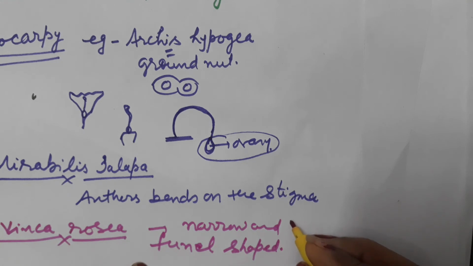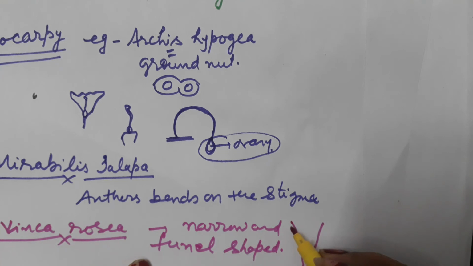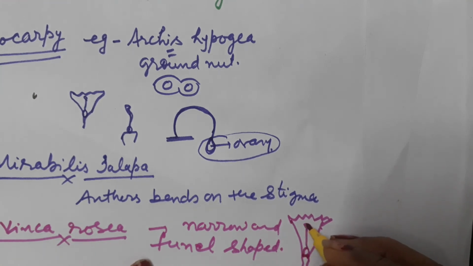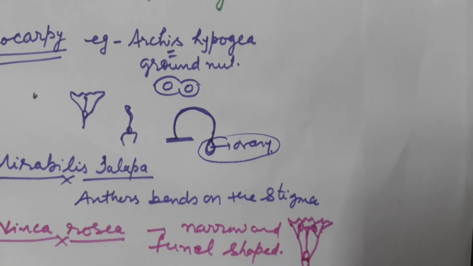It is a funnel shaped flower. And inside this, in the center, the carpel is present and the stamens are present like this. And when the pollen grains are released, they directly fall on the stigma, which favors self-pollination.